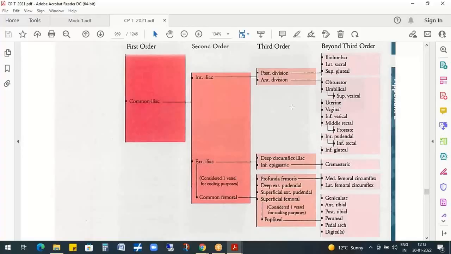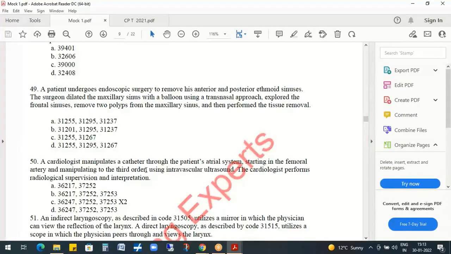Understood what I am saying? How many non-coronary arteries has it passed to move to third order? First order, second order, and third order. Yes or no? If you read the code description, if you read the question, to the third order like that it reached means how many non-coronary arteries it has passed?